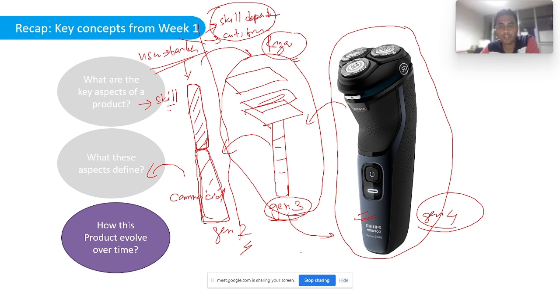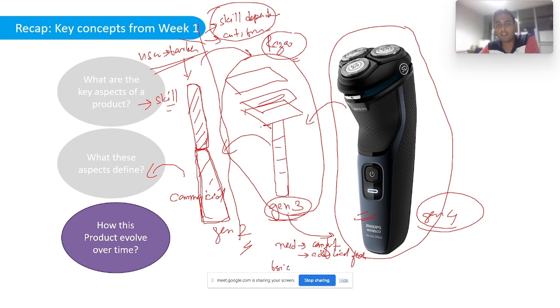Okay, so you now have some of the needs, which are more like nice-to-haves. For example, comfort and additional features, and some basic needs.